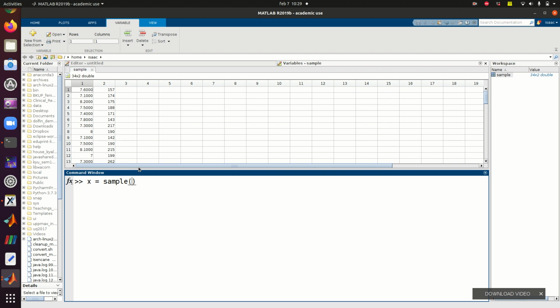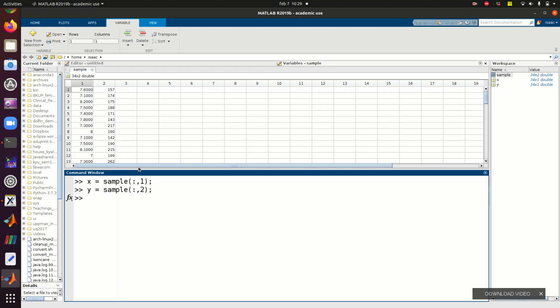So I want all the rows of the first column, and I will suppress the output. That was our pH, and the concentration of the bicarbonate was the values of y. So we call this y, and we extract the second column. So we have our x and we have our y.